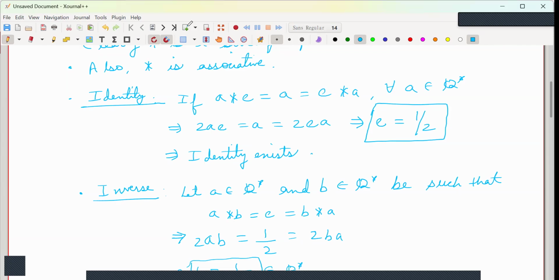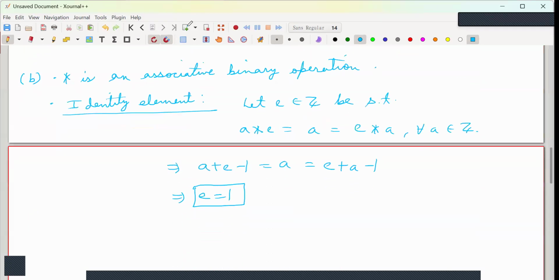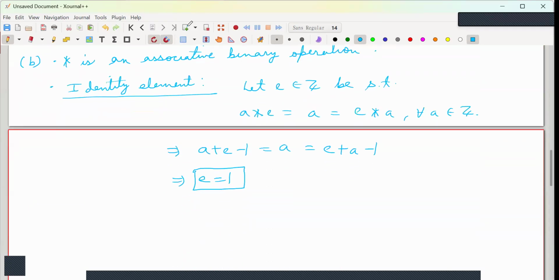Here also the same thing is happening. We scaled the usual addition operation by minus 1, and the additive inverse of minus 1 is 1. So 1 here comes out as the identity.